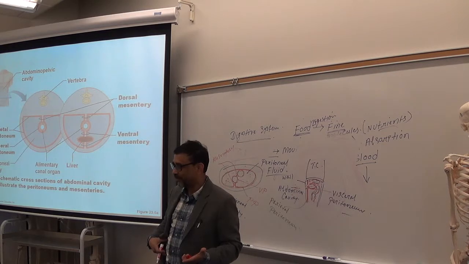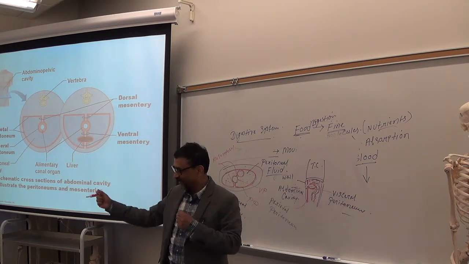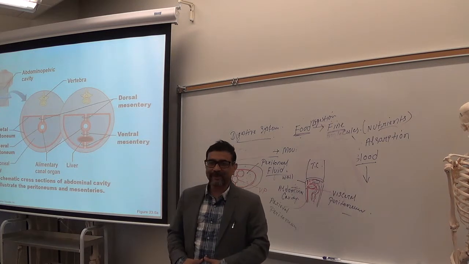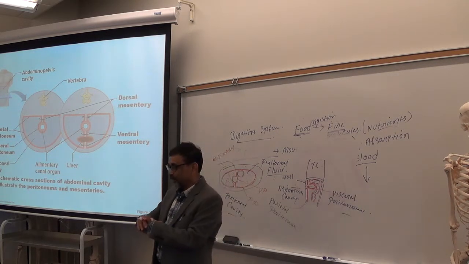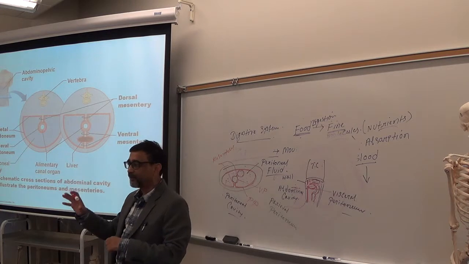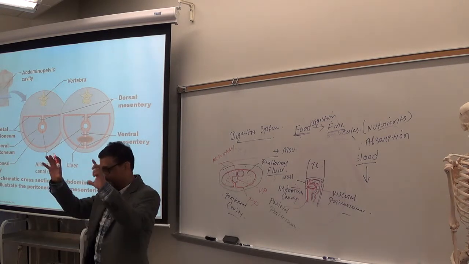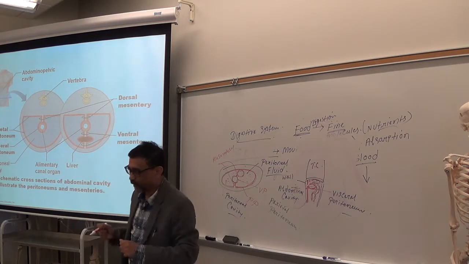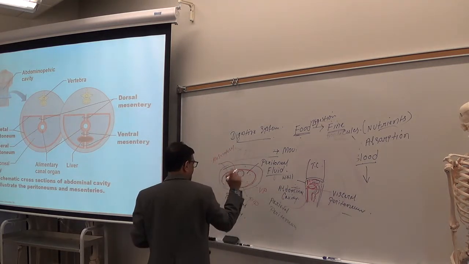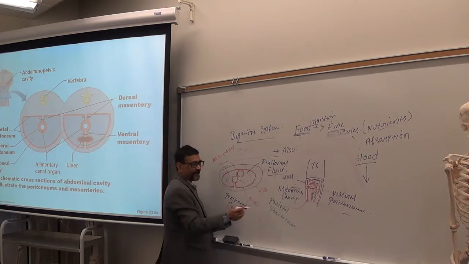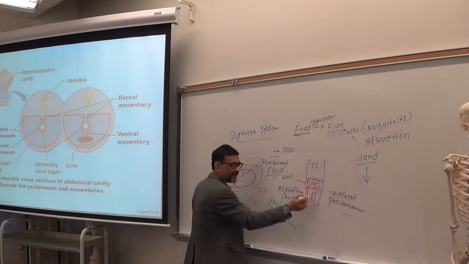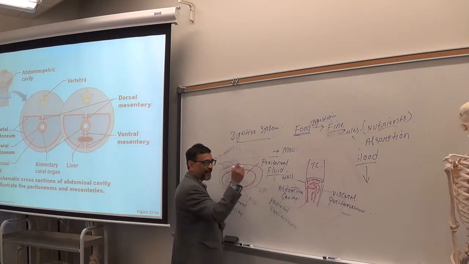It's a big cavity. If you don't tie the organs, they will all go to the bottom and get stuck. You want them to stay in their locations, so they are tied to the body wall. So that is number one: mesentery keeps the organs in the right locations in the abdominal cavity.